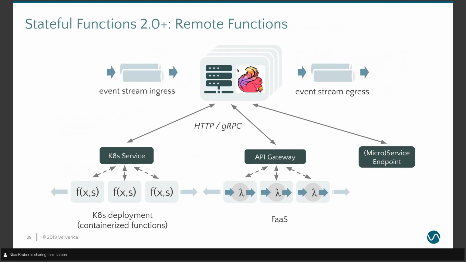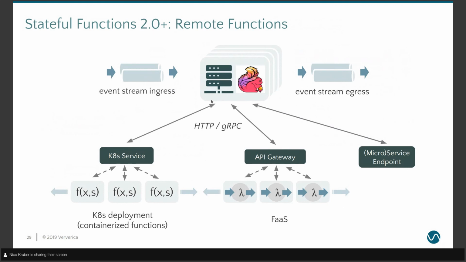Whenever you need to call out to something remote, you do so via HTTP or other protocols, and send a message along with the state. This service can then apply this message to the state and create a new state. This will flow back into Flink, and you get the same fault tolerance guarantees of Flink for the whole thing.